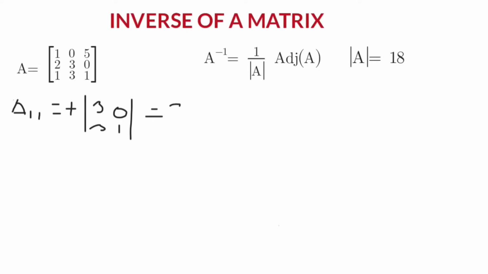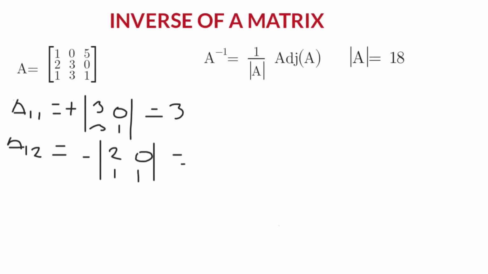This is equal to 3. Now A12, the cofactor of the second element, is denoted by capital A12 and is given by negative of the determinant of 2 0 and 1 1.